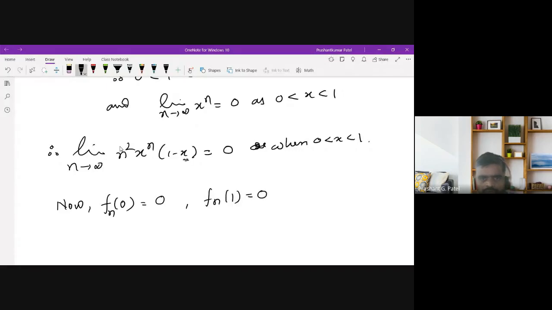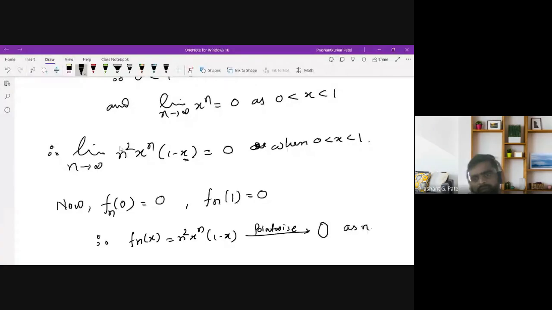So hence what we can say, fn(x) = n² xⁿ (1 − x) converges pointwise to the 0 function as n tends to infinity. Here it is a 0 function, so this function is your f.